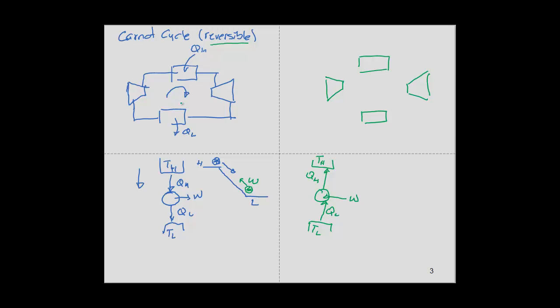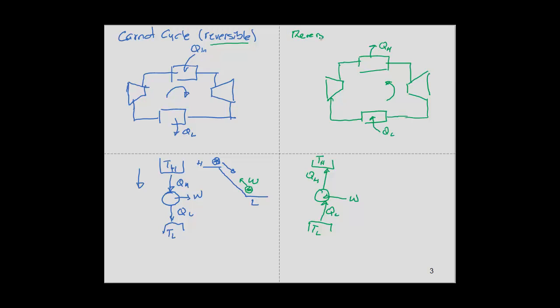So now, if instead of connecting it this way, I make it operate in a reverse manner, in this direction, heat will go the other way too, right? We're going to add some heat, then we are going to compress it, we're going to reject some heat, and then we're going to expand it.